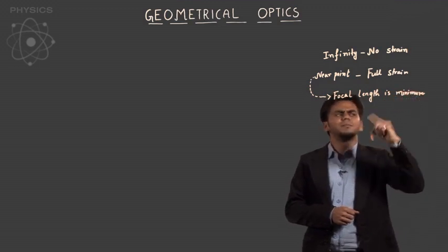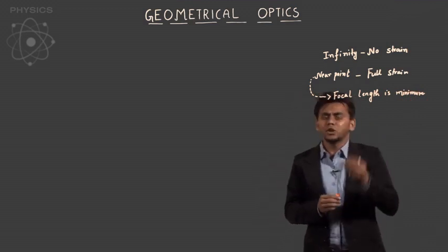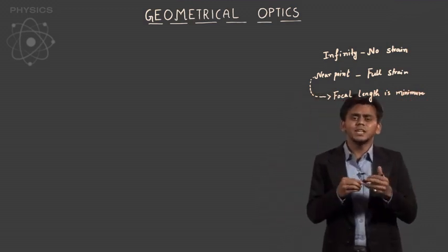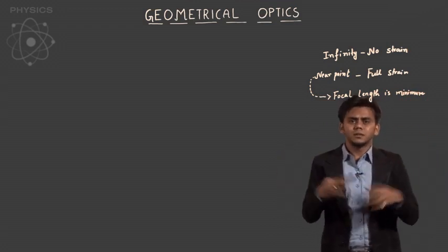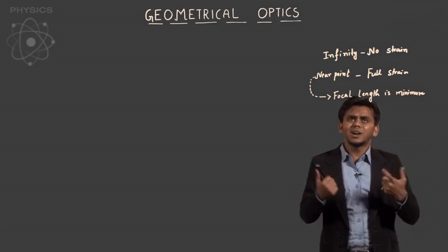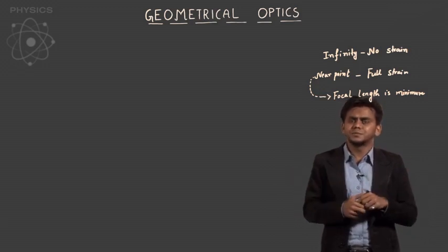And why is this limitation over focal length? Because my ciliary muscles cannot increase my radius of curvature to a very large value. So focal length can only take a minimum value, right?